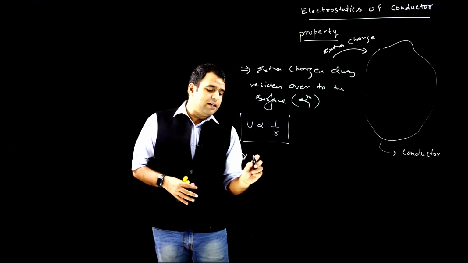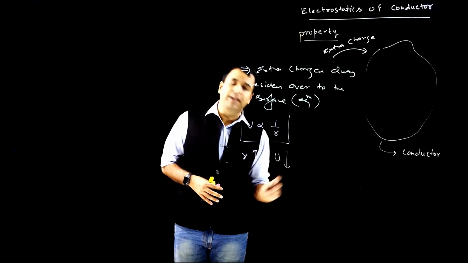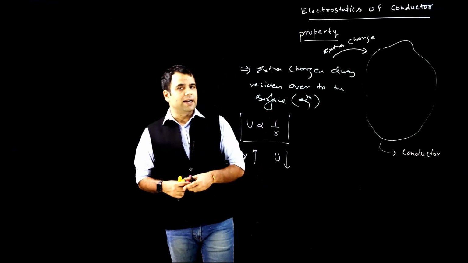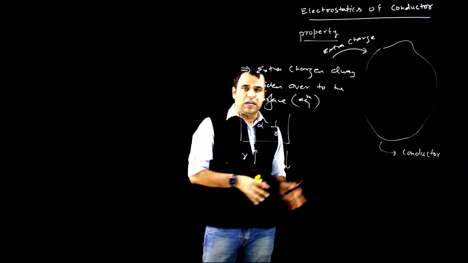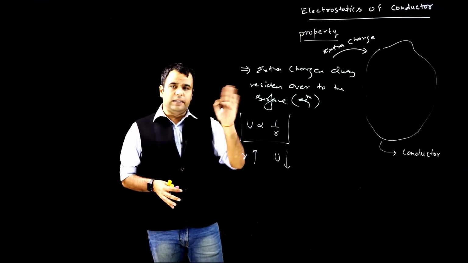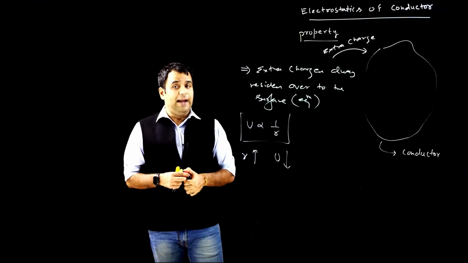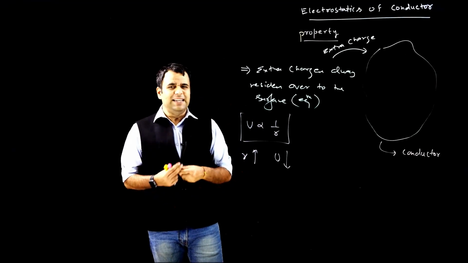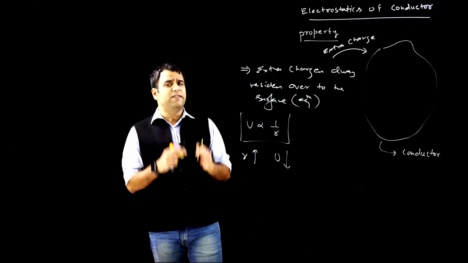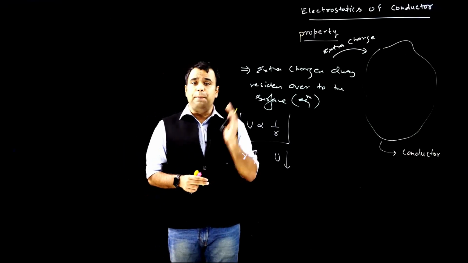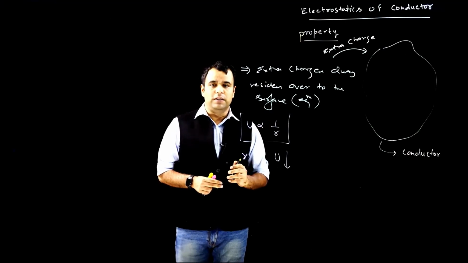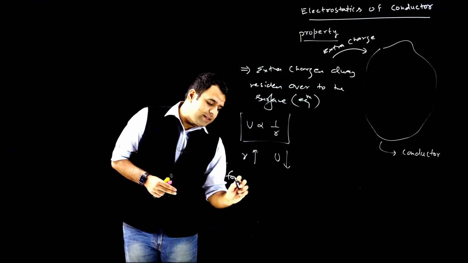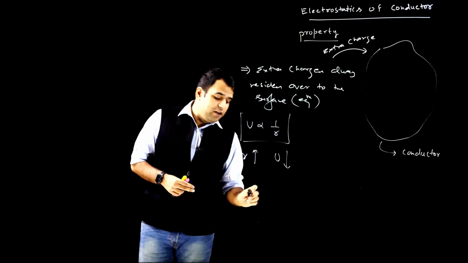So if R is more, potential energy will be less. As R increases, for the same amount of charge, the potential energy will go down. And one thing we know about systems is that each and every system wants to achieve the minimum potential energy level.